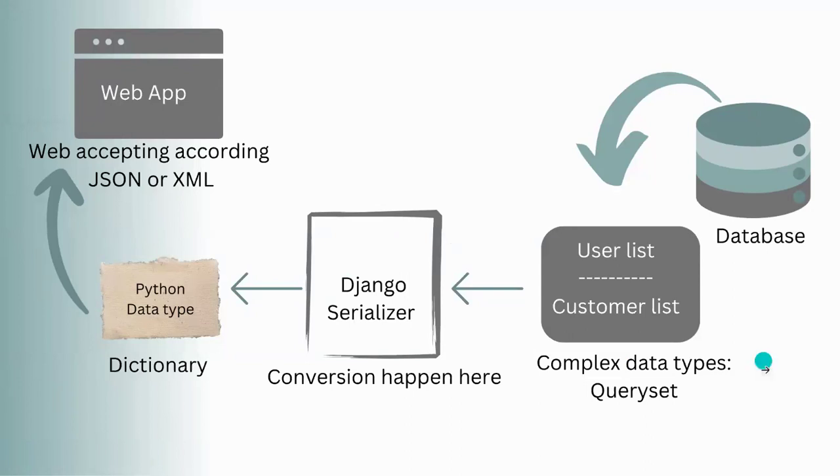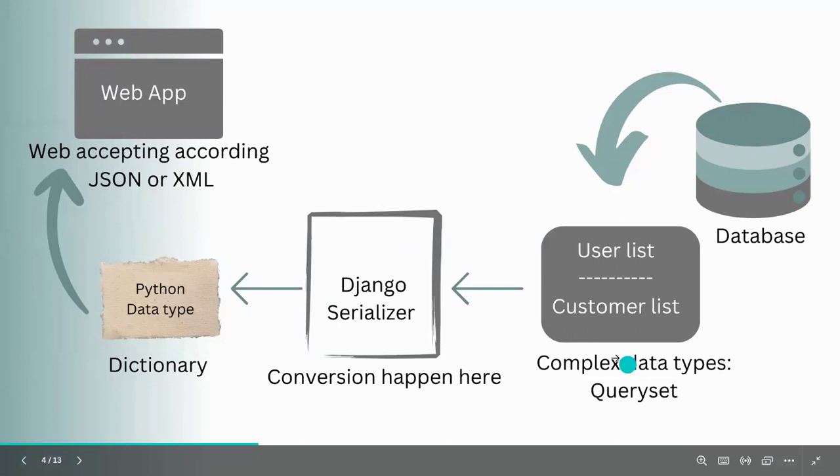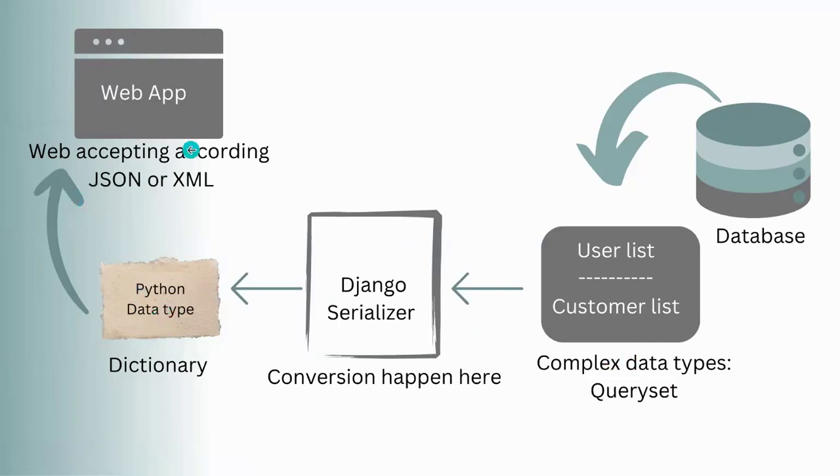First of all, we need to convert the query set to a Python data type, and this is the first step. And then we will convert the dictionary or Python data type to JSON or XML.